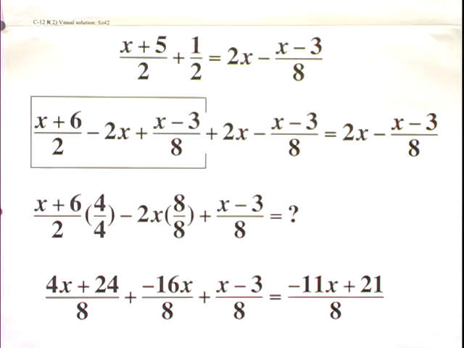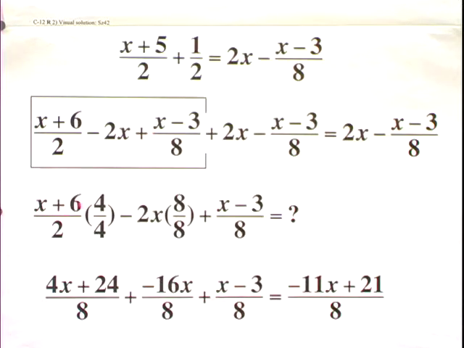The next thing I'm going to do is group the unmatched terms. Notice that term, right-hand side equals right-hand side. There it is. So these are the unmatched terms. I want to separate them out, and I want to evaluate this.